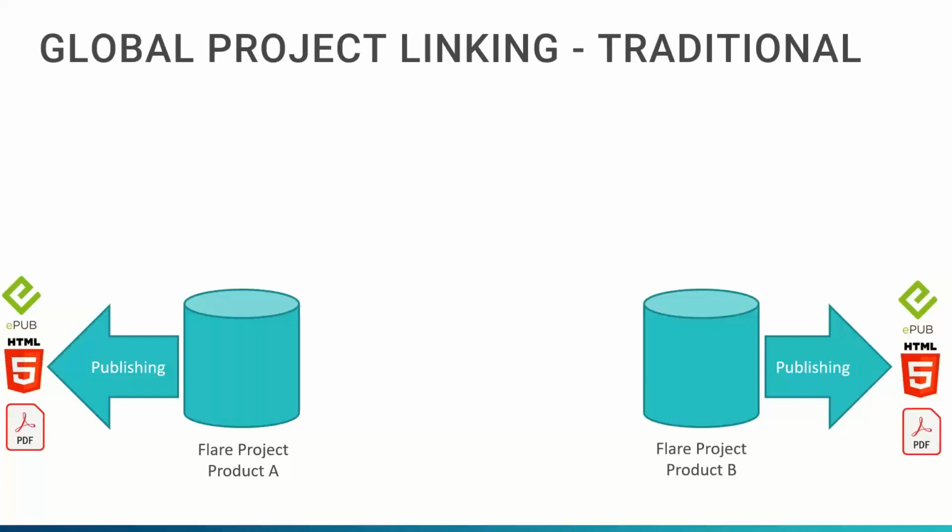Project B is on the right, and they're doing their publishing. Project A is on the left, they're doing their publishing. Everything is great. And then somebody from corporate marketing says, wait a minute, the styling's a little bit different between the two. Something's going off there. We want one common style sheet to be forced onto both projects. Well, that's the traditional use case for global project linking.